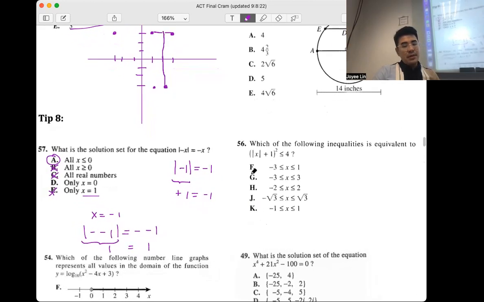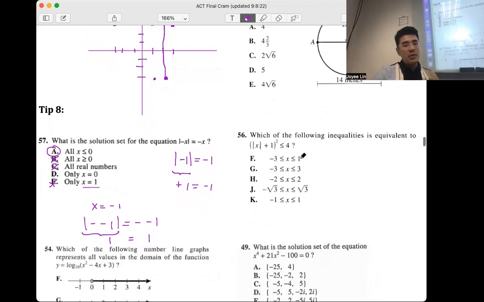Same for this type of thing, right? This type of thing you're probably not familiar with in class. And if it's not something you're familiar with, you can always try plugging in the endpoints and see which ones work and which ones don't work. So for example, you could try at -3, right? If it's an endpoint here, it should be an endpoint there. So -3 plus 1 quantity squared is less than or equal to 4. 3 plus 1 squared is less than or equal to 4. 4 squared is less than or equal to 4.